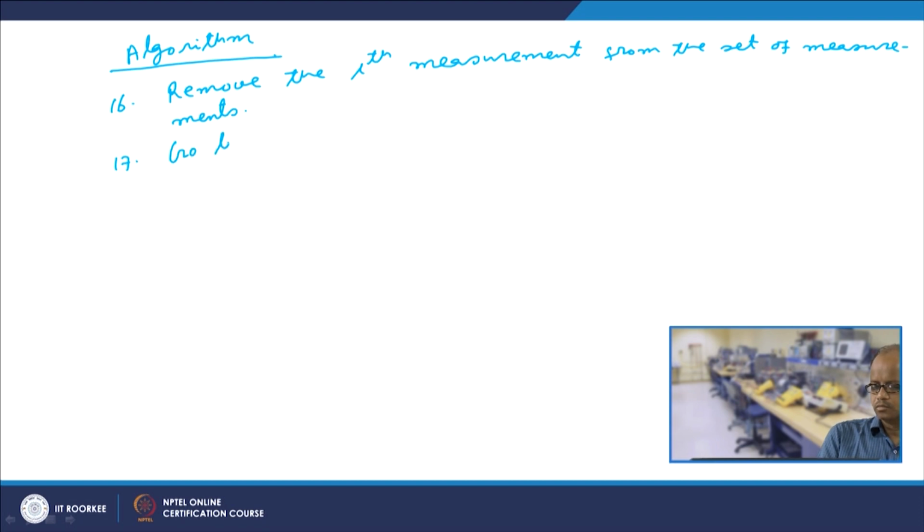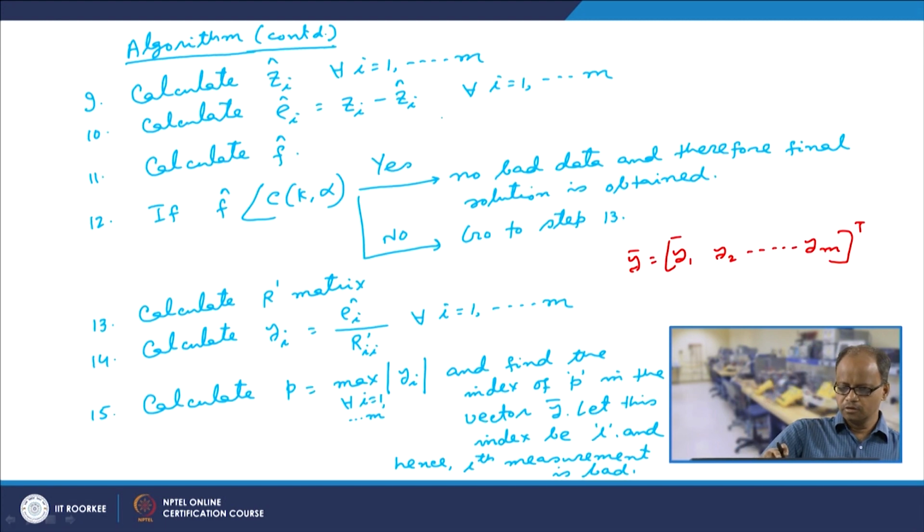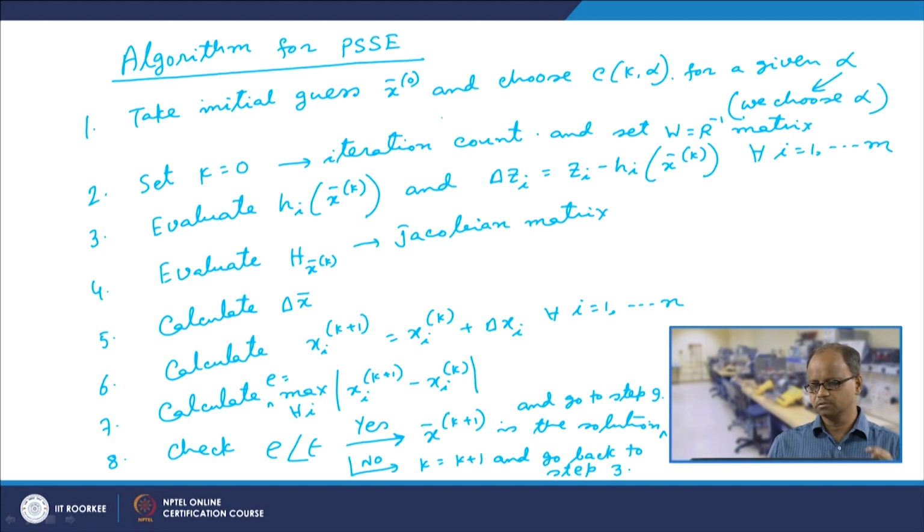Go back to step 1. So this is the complete algorithm of the state estimation, which includes also the process of bad data detection.